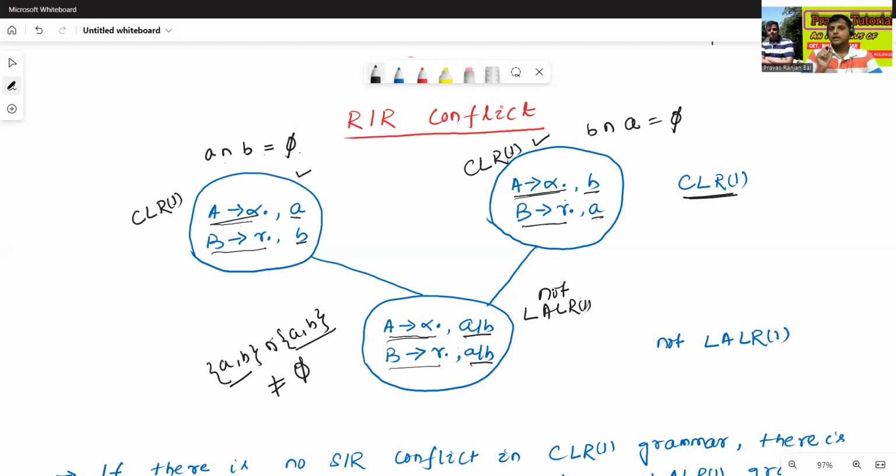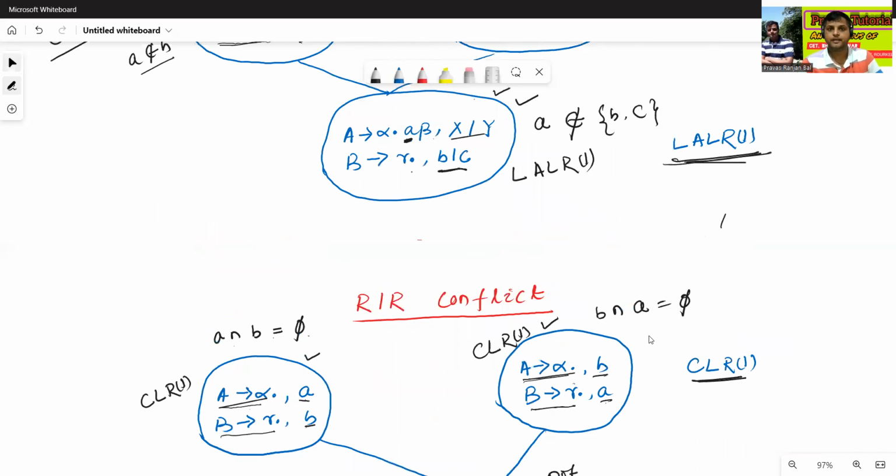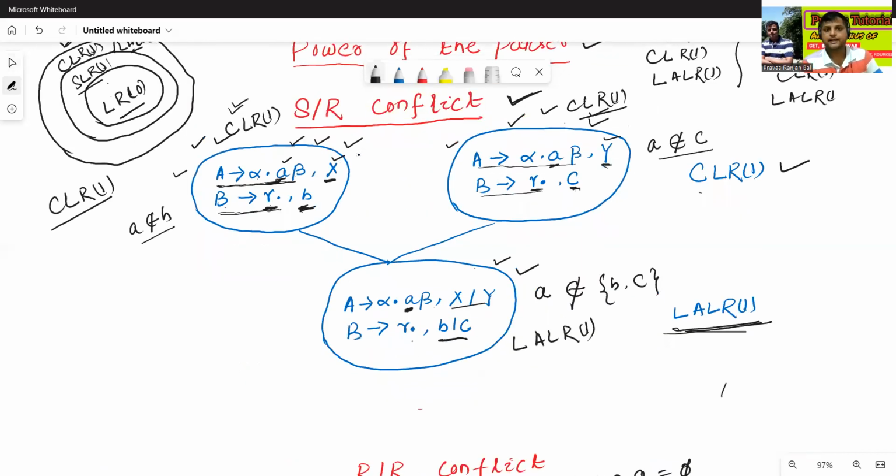Okay, so just conclude. Just we observe: if there is no SR conflict in CLR1, there is no chance of SR conflict in LALR1.